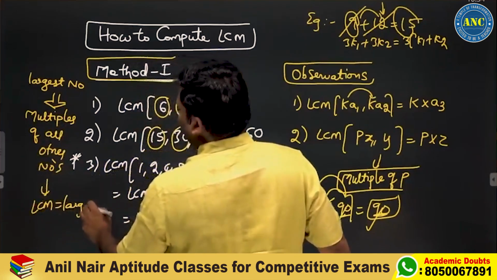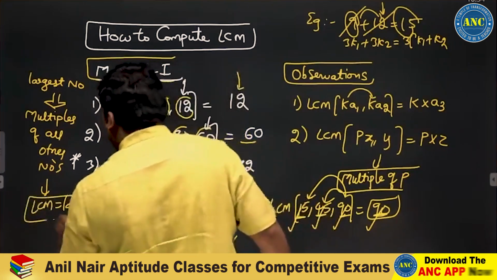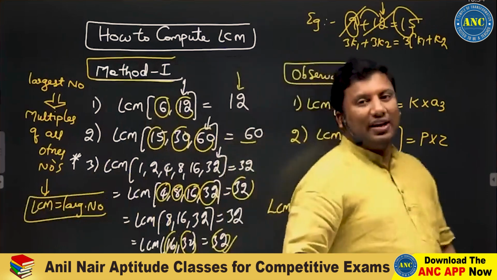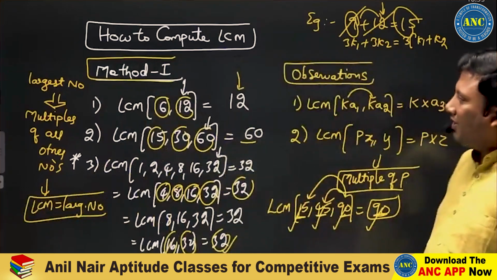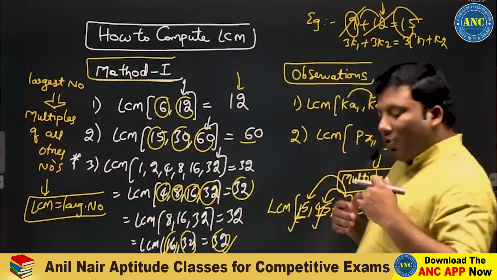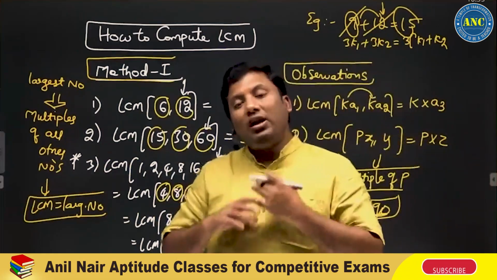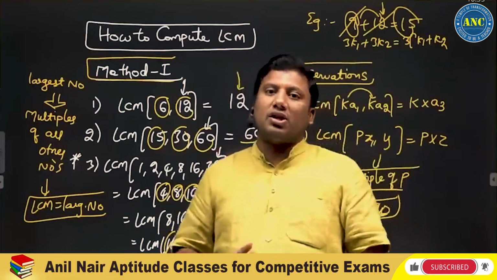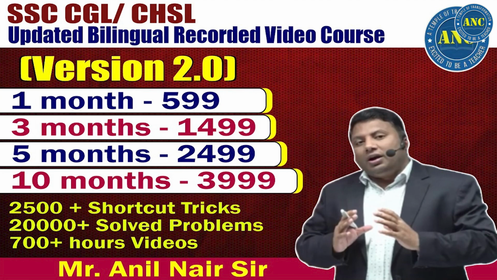Each and every important key point, I am going to take problems once I discuss the fundamentals of LCM. Method number 1. Now the second question arises: what if the largest number is not a multiple of the other numbers?